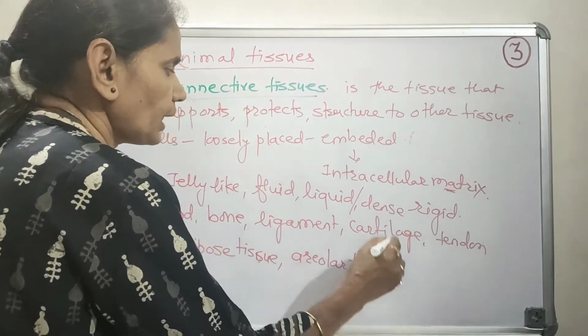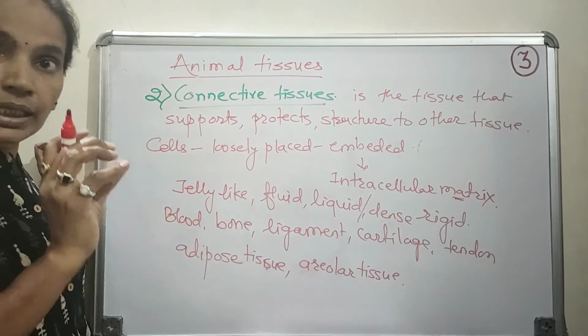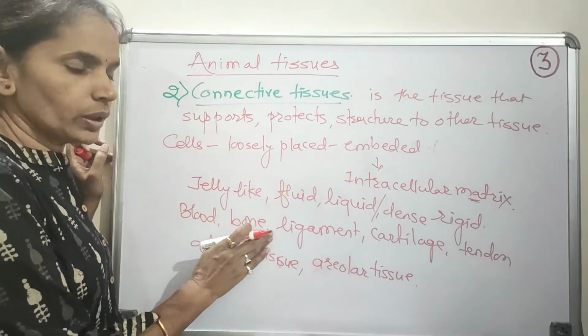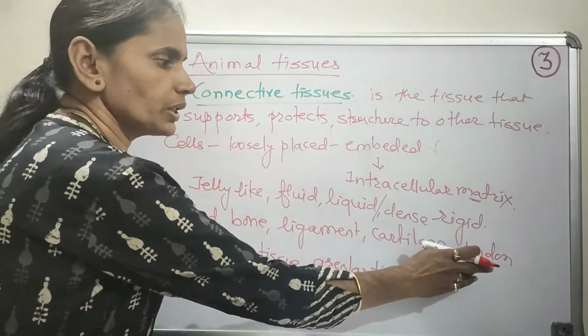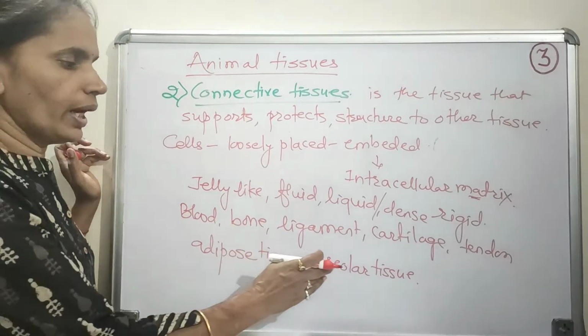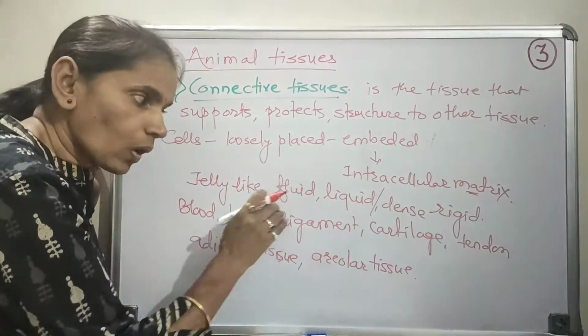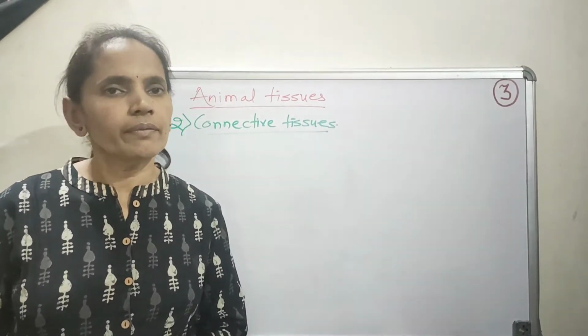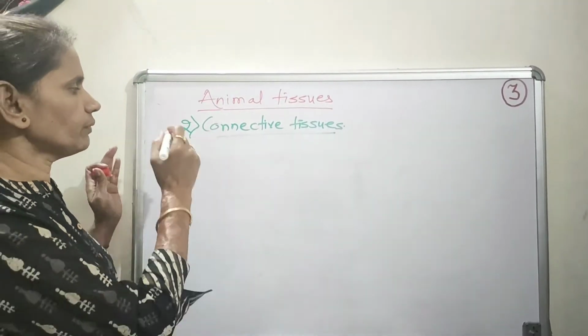So the different connective tissues present in our body are blood, bone, ligament, cartilage, tendon, adipose tissue and areolar tissue. These are all connective tissues. Now we will discuss the various connective tissues in our body.